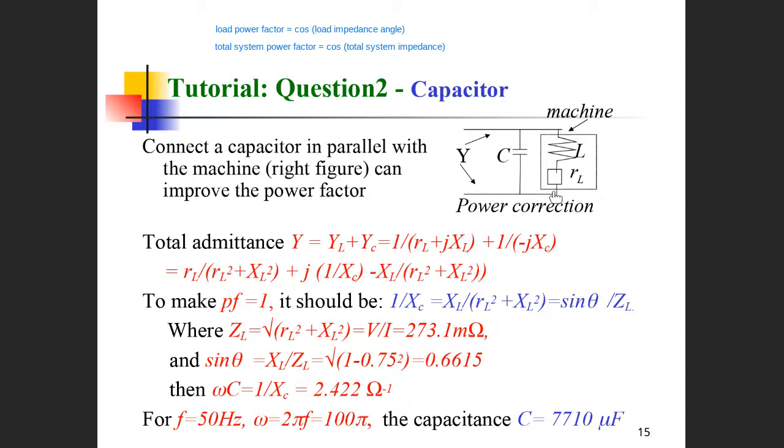The machine's power factor is determined by the machine's impedance. The system power factor is determined by the total impedance of these two parts. So the total admittance, that is 1 over impedance.